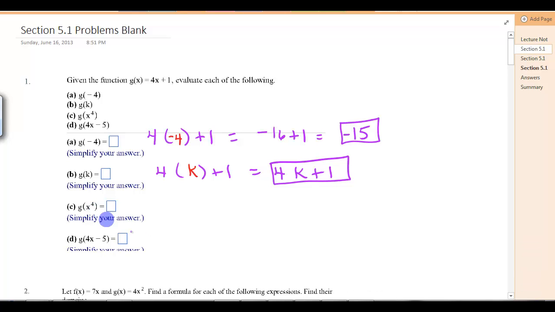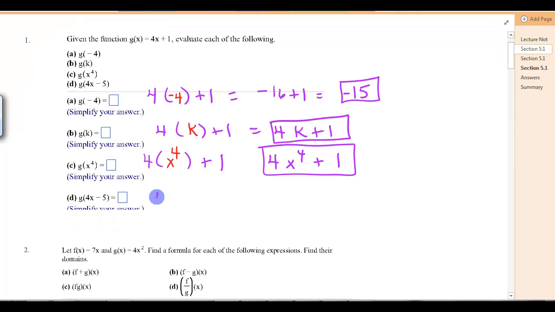All right, g of x to the 4th, we're going to have 4, and inside here, we've got x to the 4th. So we ultimately have 4x to the 4th plus 1. All right, g of 4x minus 5.